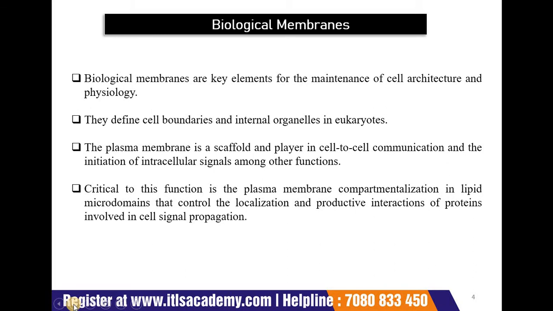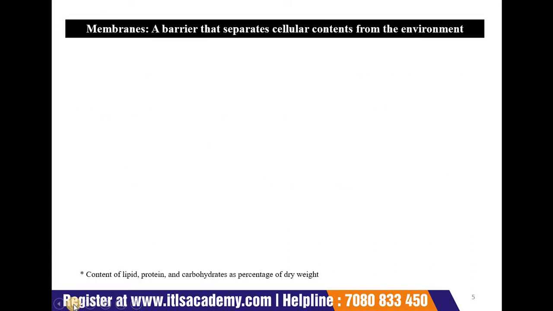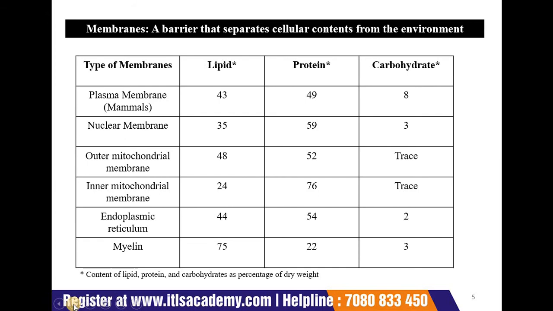In general, as I've already mentioned, membranes separate the cellular contents from the environment, and membranes are composed of lipids, protein, and carbohydrate. The major content in the plasma membrane is lipid and protein as compared to carbohydrate.